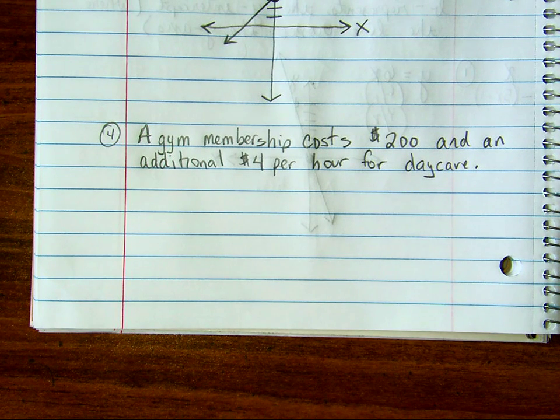A gym membership costs $200. So you pay the $200, you've got a membership to the Trenton Athletic Club. However, there is an additional charge of $4 per hour for daycare. I've got 2 little runts running around.